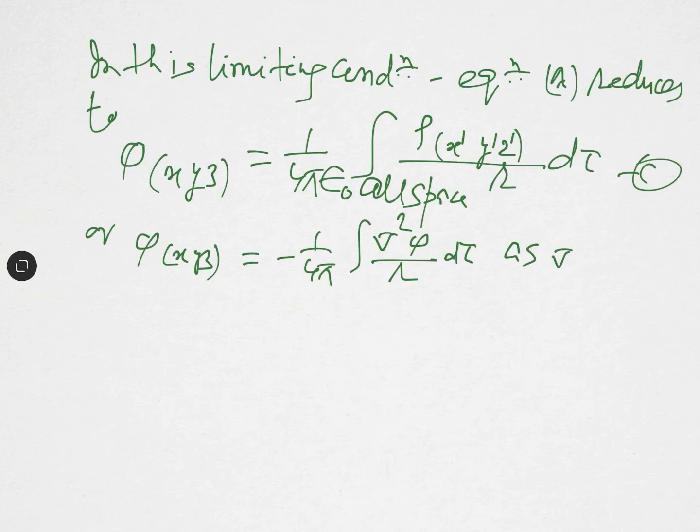As we know from Poisson's equation that del square phi is equal to minus rho over epsilon. So you have seen what is Poisson's equation and how we can solve it.